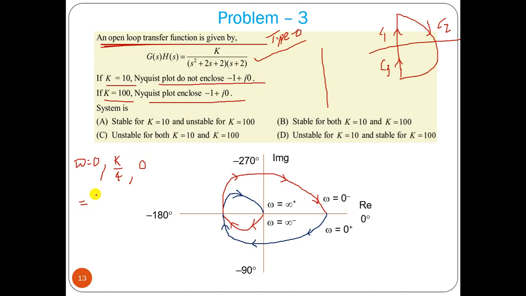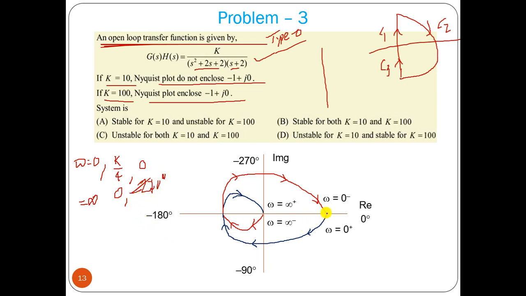If we put omega equal to infinity, something by infinity comes as 0, and the angle becomes minus 90 for each pole, and with the quadratic factor having two poles, that will be minus 270 degrees.